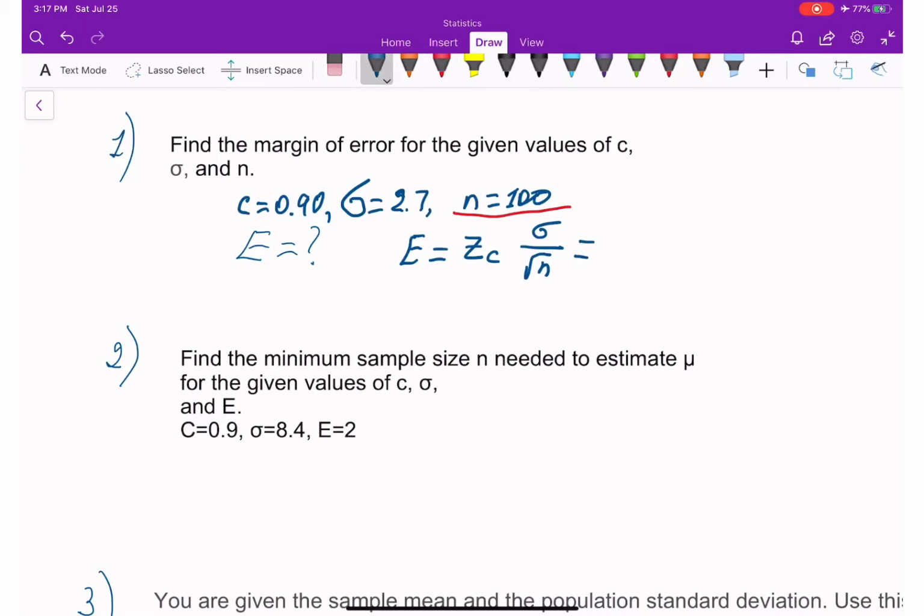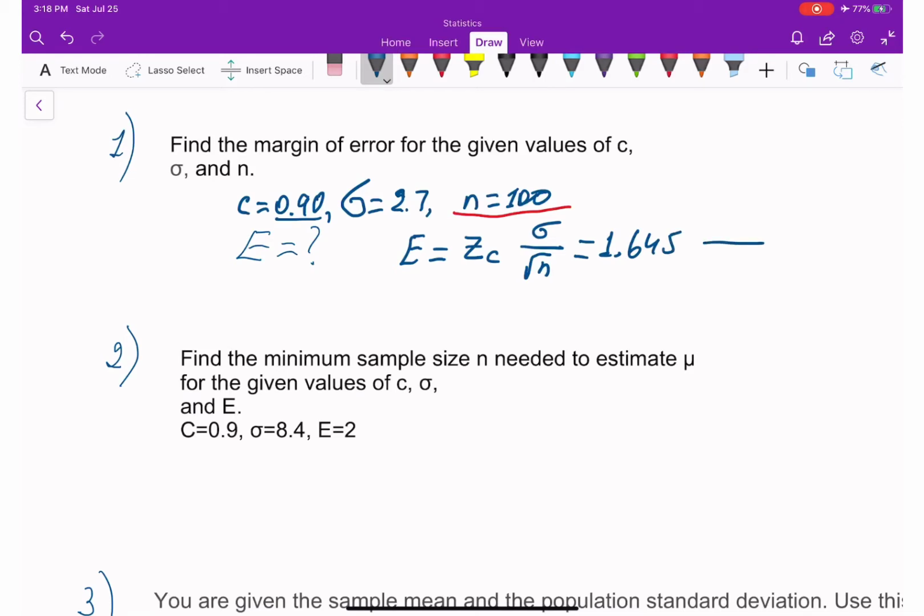How much is z score? If you look in the table, 90% is 0.9. You are going to look in the positive z score, right? And let me see, it should be for 90%, 1.645.